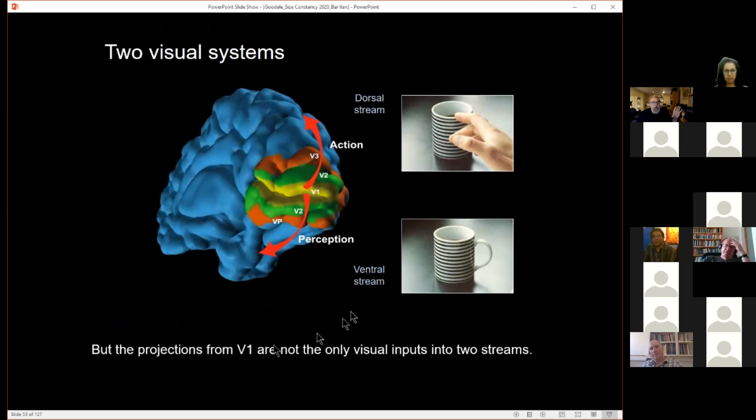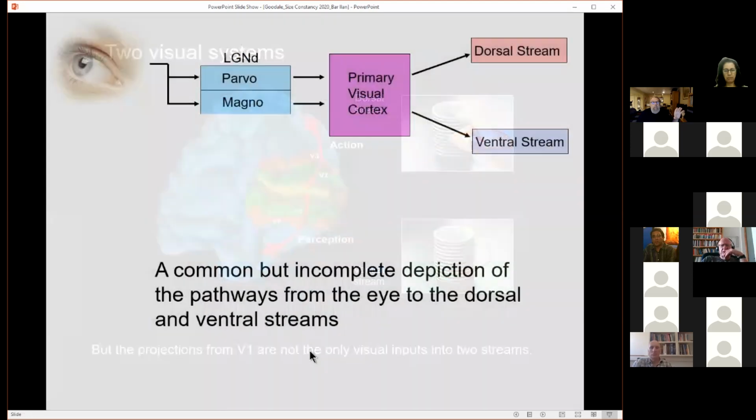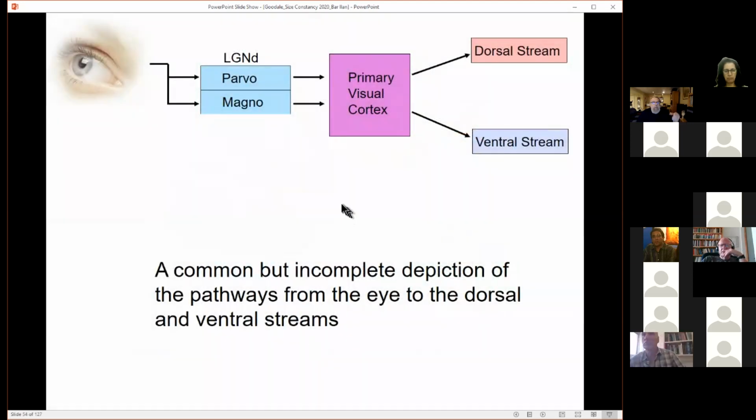But of course, projections from V1 are not the only visual inputs into the two streams, and we have to remember that. This is a kind of model that almost all electrophysiologists and people doing fMRI work with, which is projections from the geniculate to the primary visual cortex, and then from there to the dorsal stream or the ventral stream.